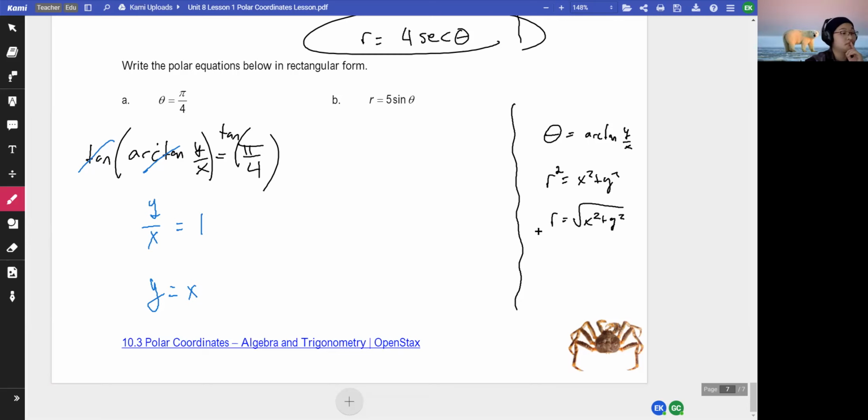Wow, that sounds like we're getting embedded trig functions. I don't want to do that. Hey, what are r cosine theta and r sine theta in rectangular? x and y. Can you get an r sine theta here?